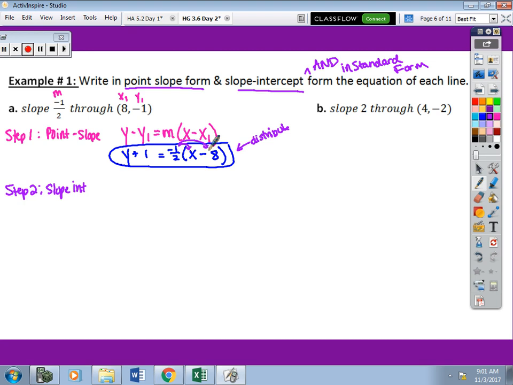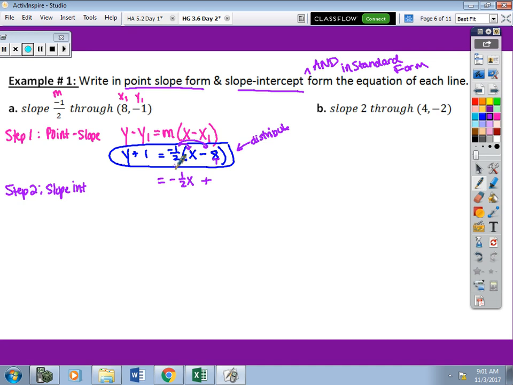When I multiply negative 1/2 times x, I get negative 1/2 x. But a lot of students mess up when they multiply negative 1/2 times the second term, which is a negative 8. First of all, negative times a negative is going to get me a positive, right? And when you're multiplying 8 times 1/2, you may want to make it into a fraction by putting it as 8 over 1, multiplied by negative 1/2.